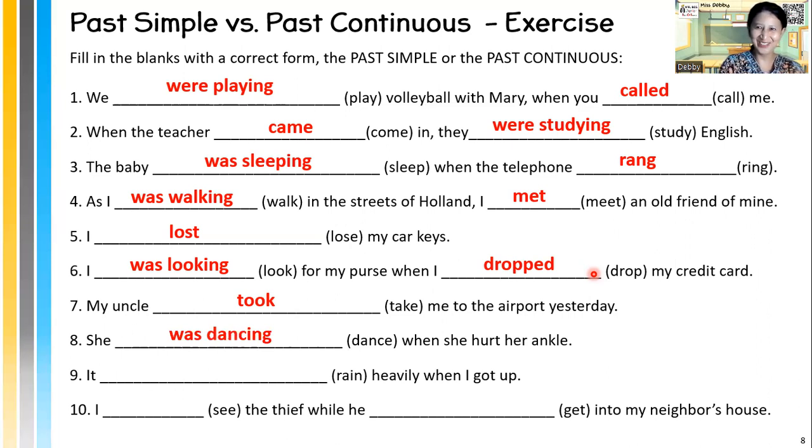Good job. Excellent if you got that correct. Number 9: it, past continuous, right? It was raining heavily when I got up. Good job. And the last one: I saw the thief while he was getting into my neighbor's house.